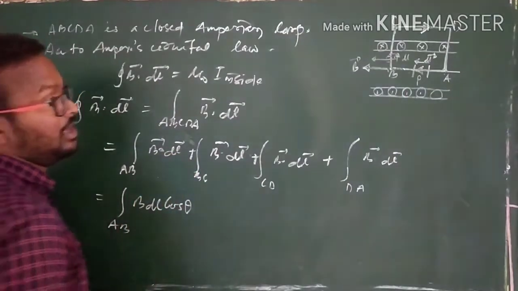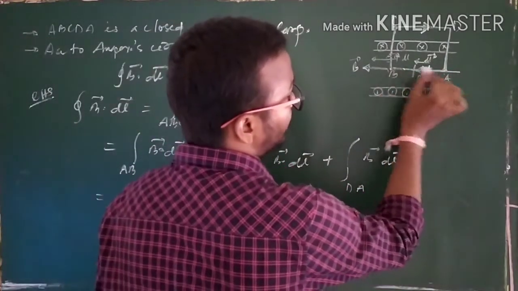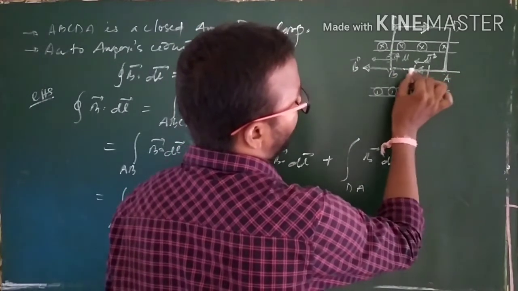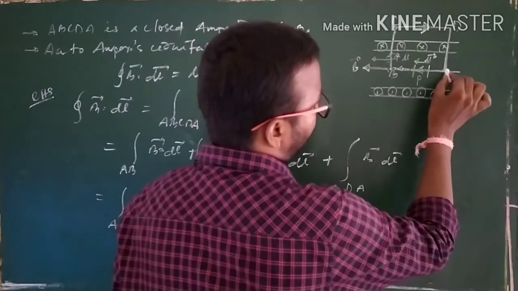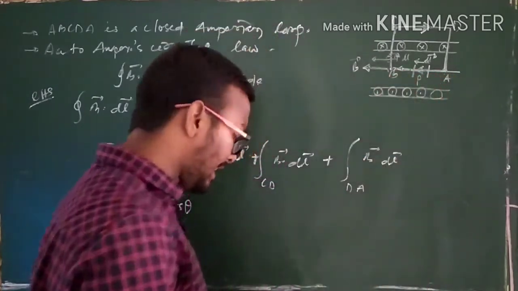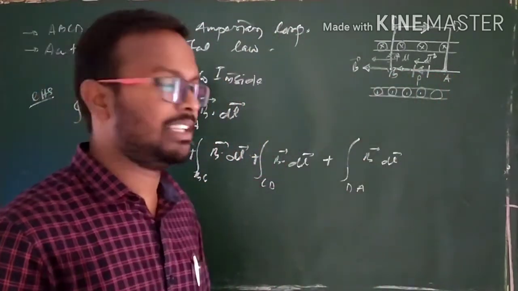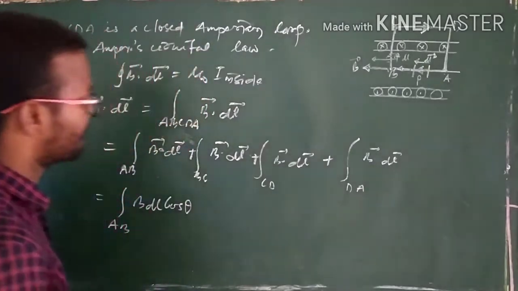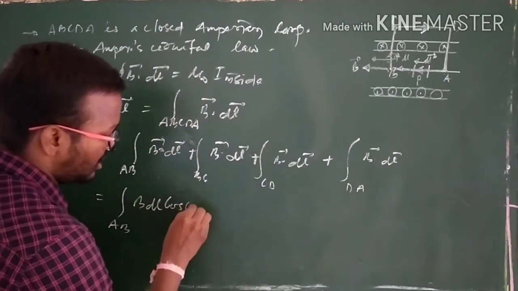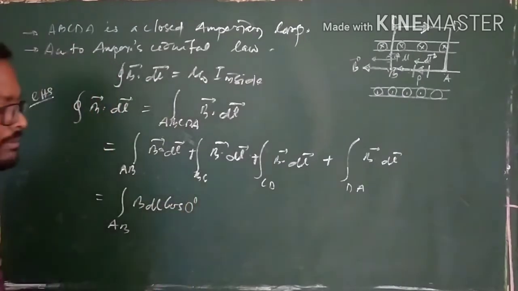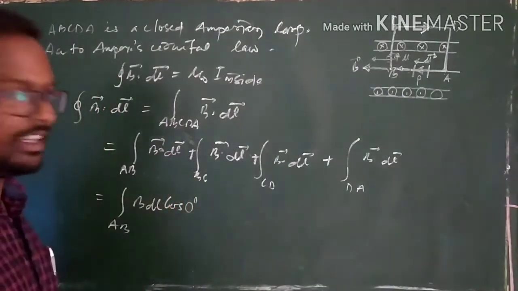From A to B, the magnetic field and the dl length element are along the same line, so theta is 0 degrees.